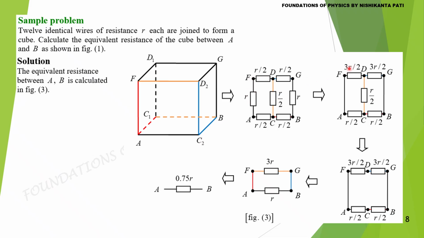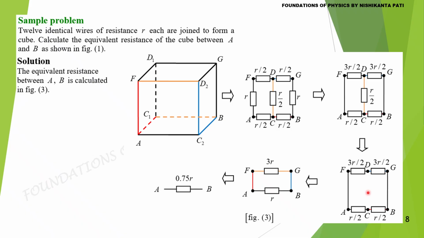This is 3R by 2. This is also 3R by 2. This 3R by 2 divided by R by 2 is equal to 3R by 2 divided by R by 2. So this is a balanced Wheatstone bridge. So this resistance can be removed. Hence the arrangement is equivalent to this.